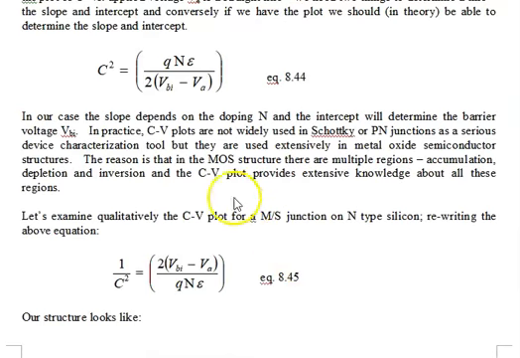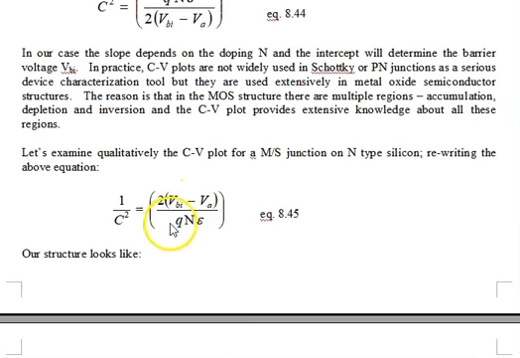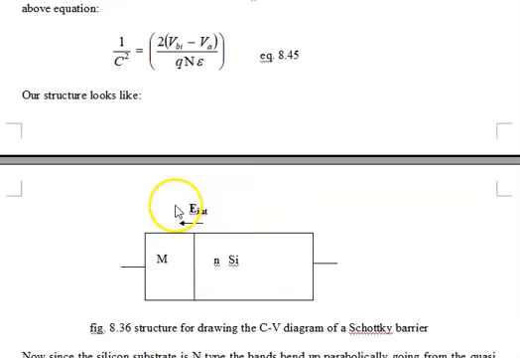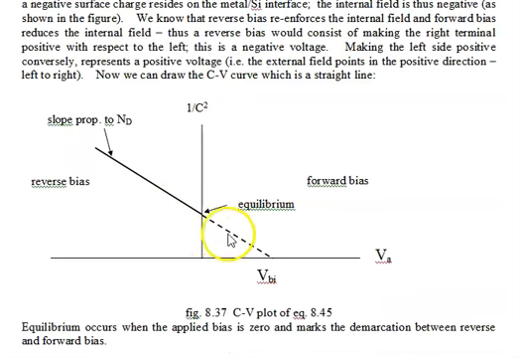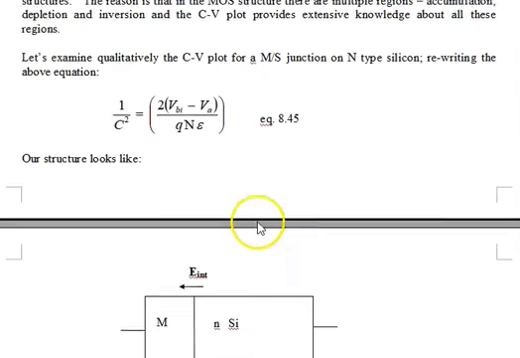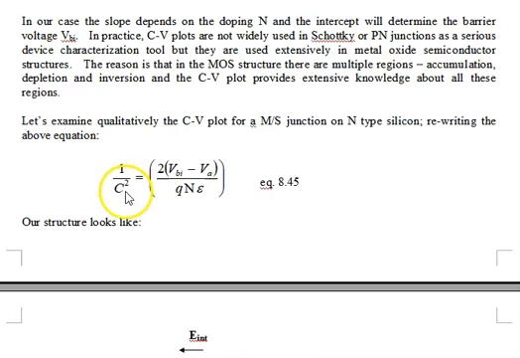There are 2 parameters of significance: the slope, which is given by or proportional to the doping, and the intercept, where VA is equal to VBI. So those will be the 2 important parameters that we get from the CV plot. So every CV plot is a straight line because it's 1 over C squared.